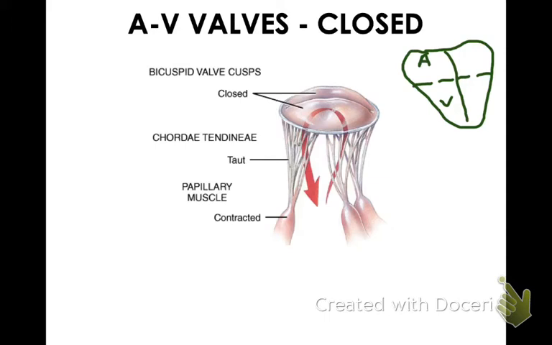So when the valves are closed, like this one is right here on the left-hand side, all of the blood that's down here in the ventricle cannot move back upwards. It cannot get back up here into the atria, where the only place it can go is out through the aorta if it's on the left-hand side, or out through the pulmonary arteries if it's on the right-hand side. So it's going to be closed when we want the blood to leave the heart.